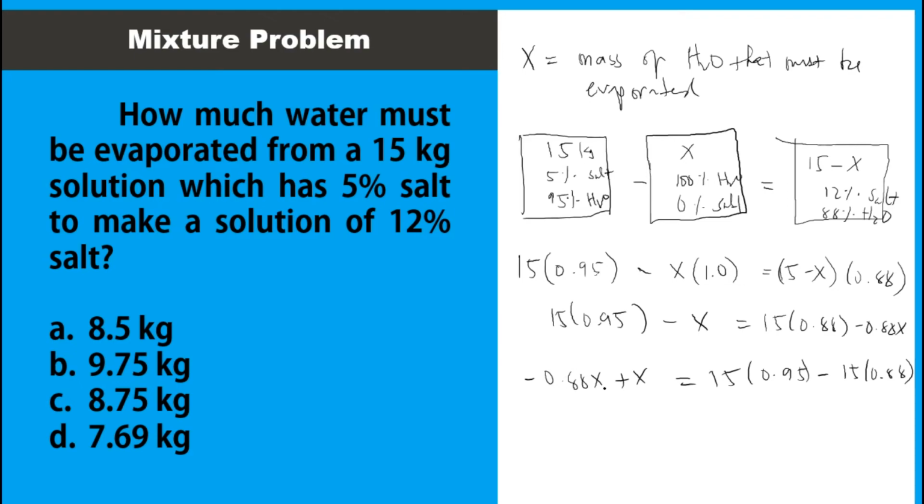Negative 0.88x plus x is 0.12x. So 0.12x equals 15 times 0.95 minus 15 times 0.88. We divide both sides by 0.12.